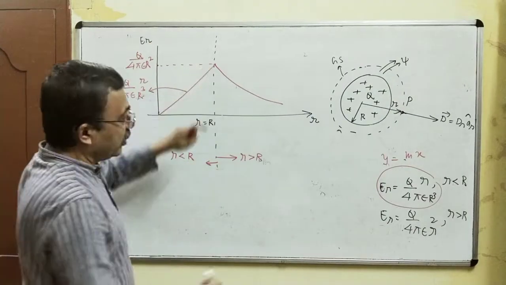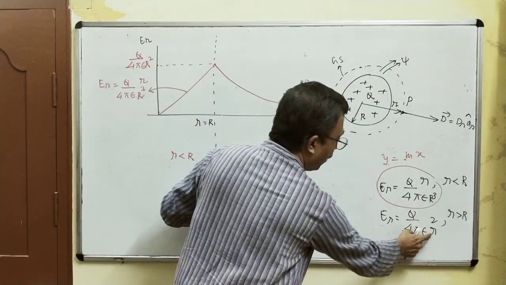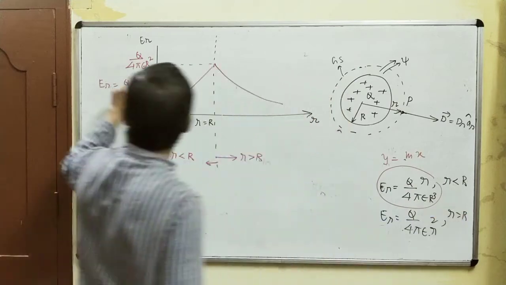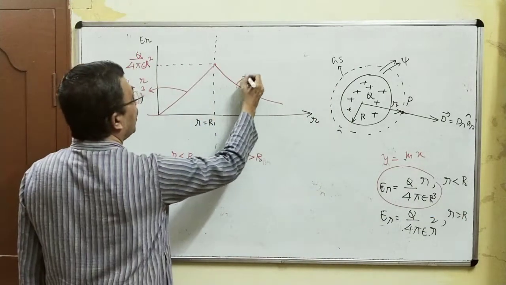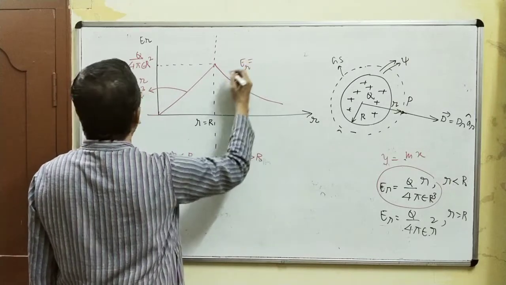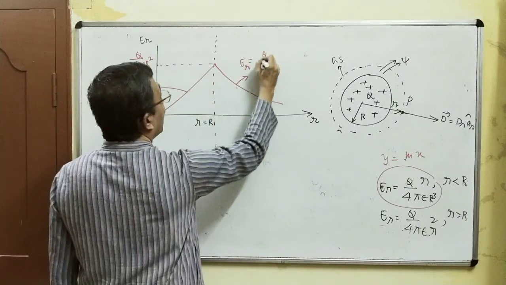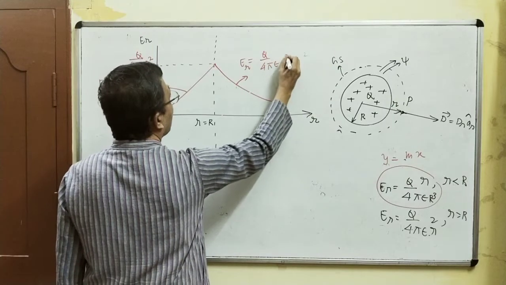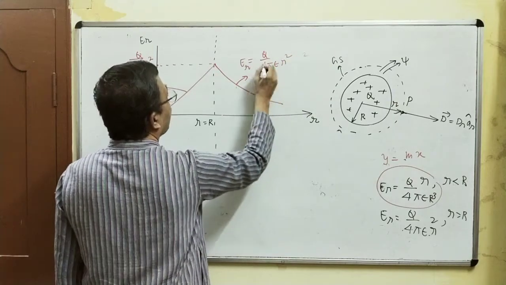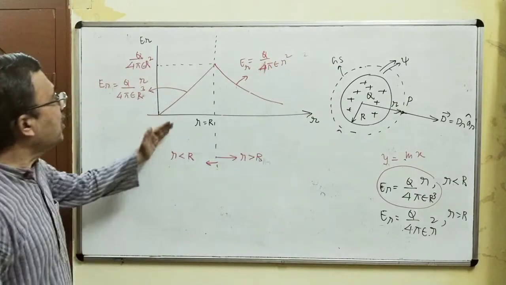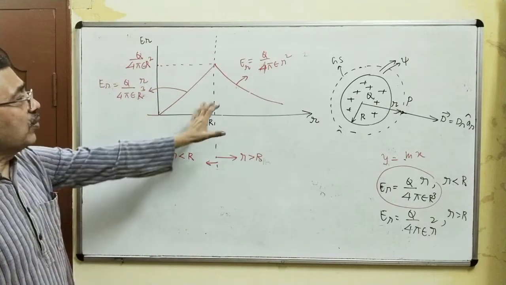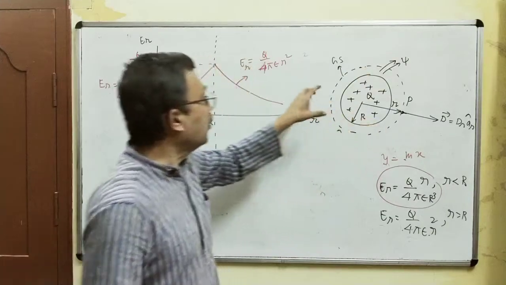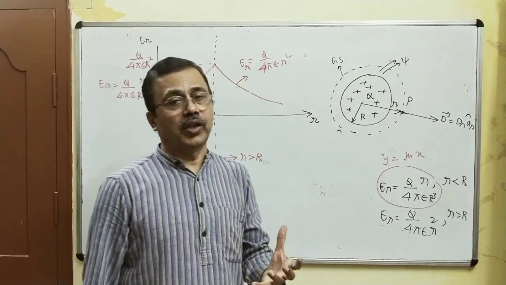However, in this expression also, if you replace small r by capital R, you get this value only. Equation of this curve is Er is equal to Q divided by 4 pi epsilon r square. As r tends to infinity, Er tends to 0. This is the variation of Er with respect to r for a sphere in which charges are uniformly distributed. Thank you.